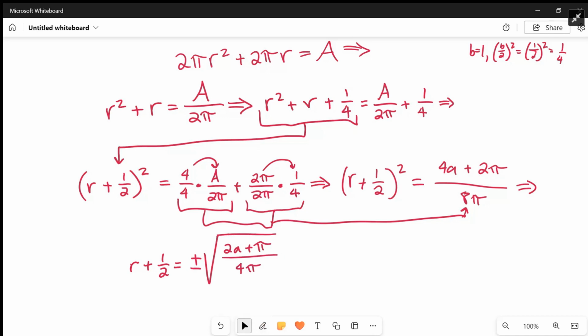From there, it's pretty obvious. The final step is just to subtract the 1/2 from both sides to solve for r. So r becomes equal to negative 1/2 plus or minus the square root of 2a plus pi, all over 4 pi. So let's say you want to find the radius of a cylinder. You now have an equation that will give it to you right there.